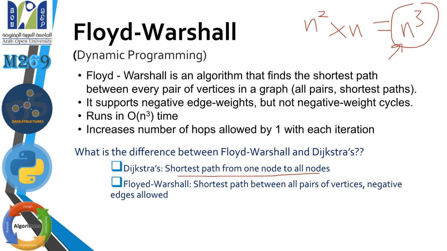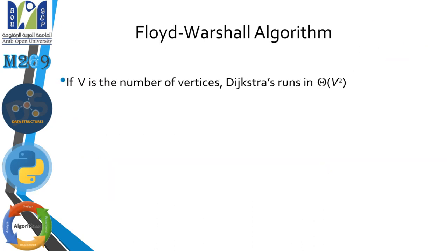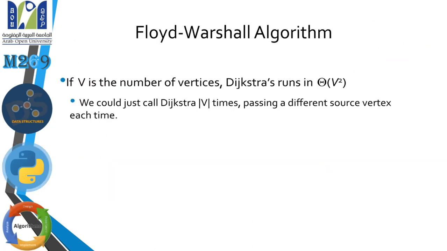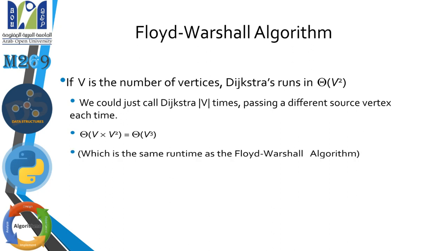Second, in Dijkstra, we find the shortest path between one node and all others, but in Floyd, we find the shortest path among all pairs of vertices. This is just an analysis of how we get O(n^3).